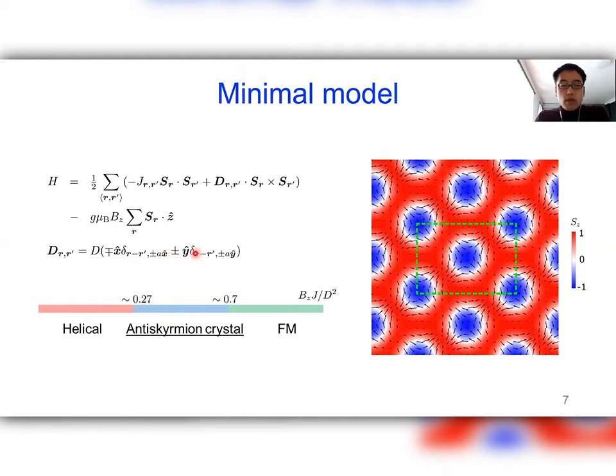And this simple Hamiltonian can reproduce the magnetic phase diagram of the Heusler compound, stabilizing the helical phase, antiskyrmion crystal phase, and the ferromagnetic phase as a function of the magnetic field. On the right-hand side, I show the spin textures of the antiskyrmion crystals obtained by the Monte Carlo annealing method. And here, this green dotted square indicates the magnetic unit cell of these antiskyrmion crystals, which contains two antiskyrmions inside. And performing the Holstein-Primakoff transformation, we can obtain the magnon band structures of antiskyrmion crystals.